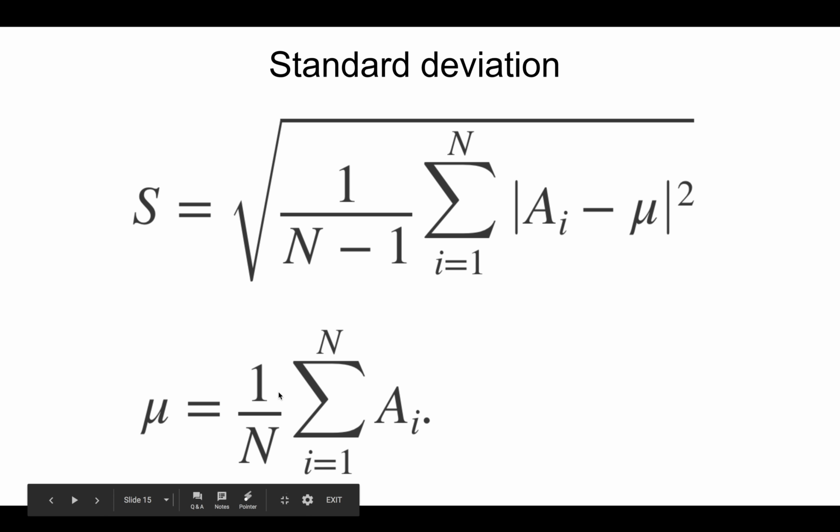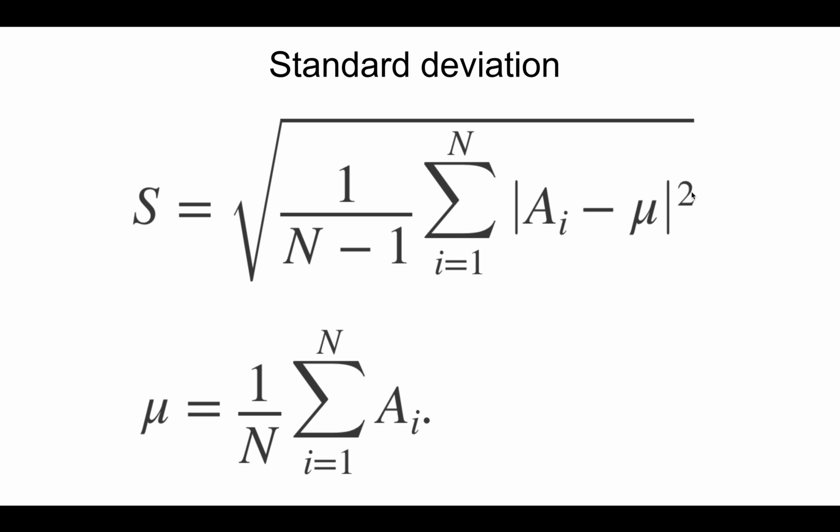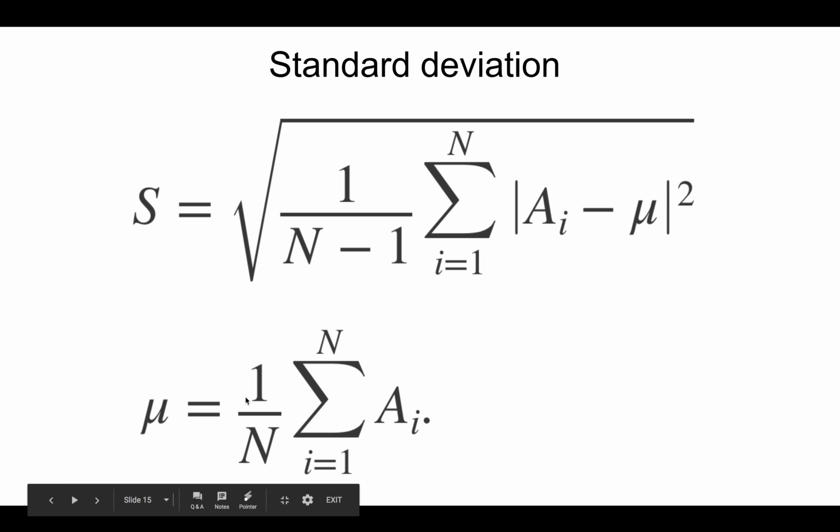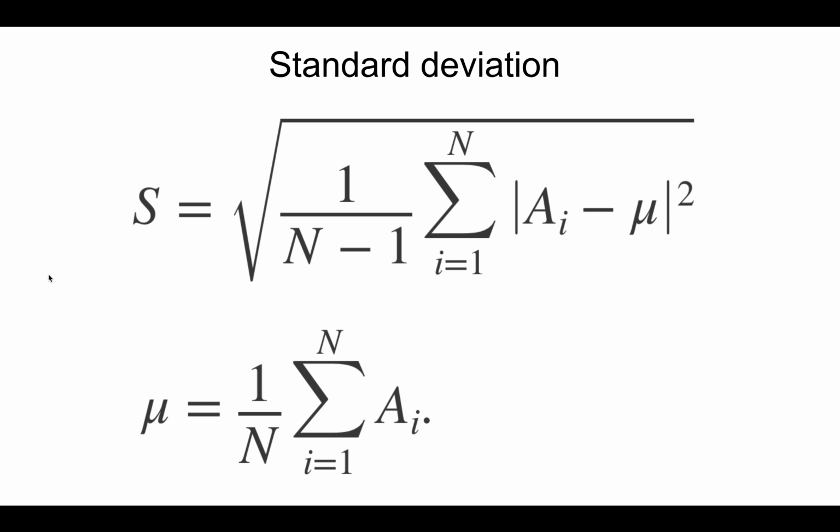You take the absolute value of that squared, so you get the distance from the mean squared. Then we take the square root of that in order to compensate for this exponent here. As I said, mu is just calculated as the mean value of the vector a. So it is pretty straightforward, and that is going to give you the standard deviation of the vector a.